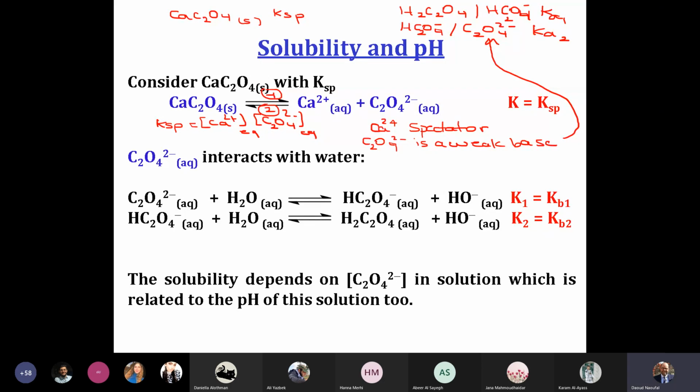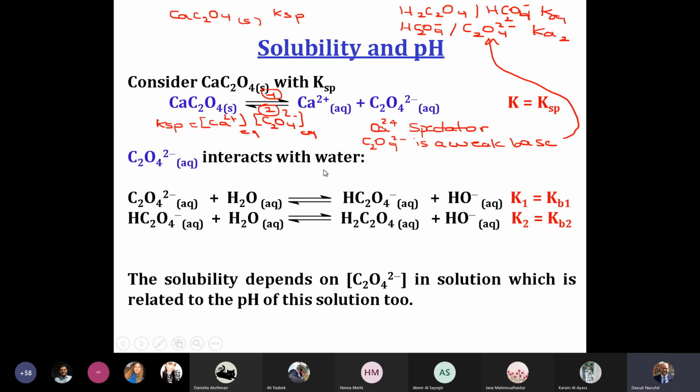So, as a conclusion, the pH will affect the solubility of a weak electrolyte if one ion or the two ions obtained from this weak electrolyte interact with water or appear in a couple acid base.